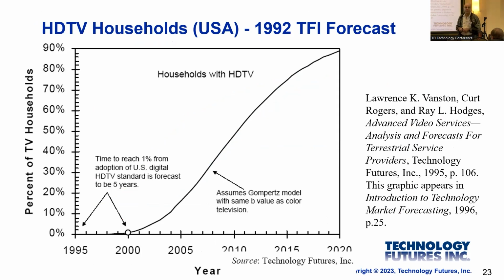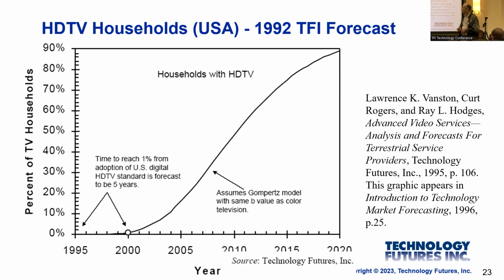And so we did that and figured 2000 would be the starting point, and then used the Gompertz model with the color TV example as an analogy to forecast forward. Again, we did a drivers and constraints analysis to determine whether that was reasonable. So a little bit of research has to go into these forecasts, but you can make forecasts using these S-shaped curves even before there's any data.